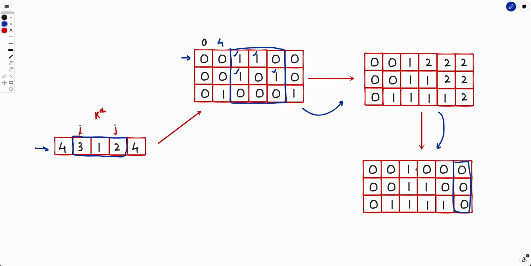Now for this dimension, after converting to prefix sum, we want this to be 0. Let's say this is R, so only indexes which have 0 here are good. So for this bit all of these indexes are good.